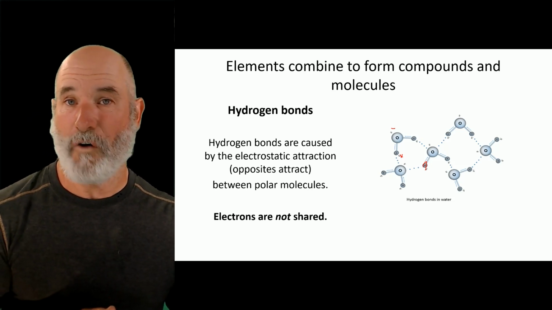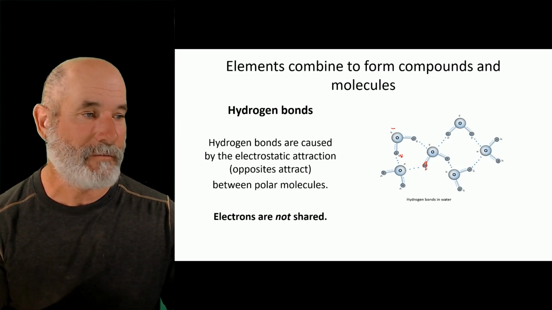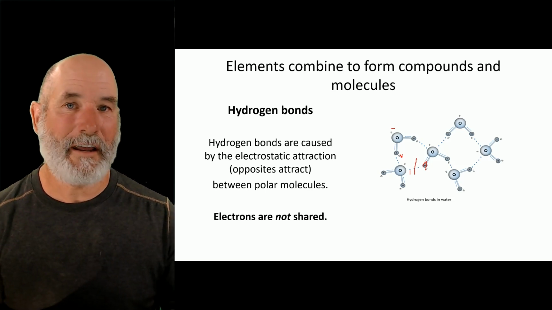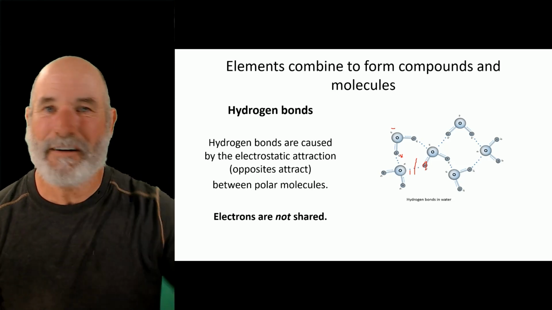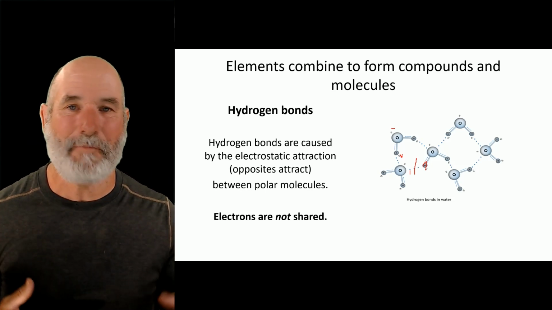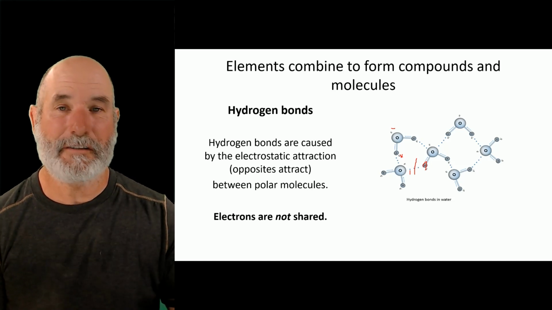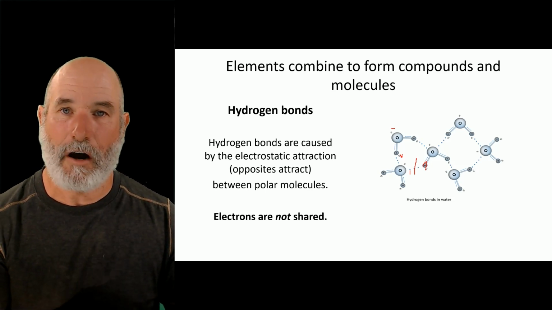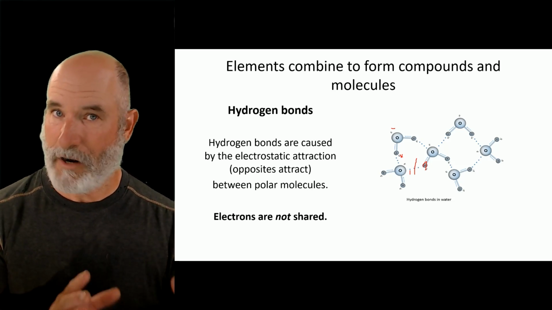It could also form a hydrogen bond with nitrogen, if I had ammonia in there, for example. These little dots represent a hydrogen bond. They're very weak. Stick your finger in water and move it around, and you're breaking and making hydrogen bonds by the trillions. Once again, this is a very weak bond, and electrons are not shared, and it can be between two molecules.